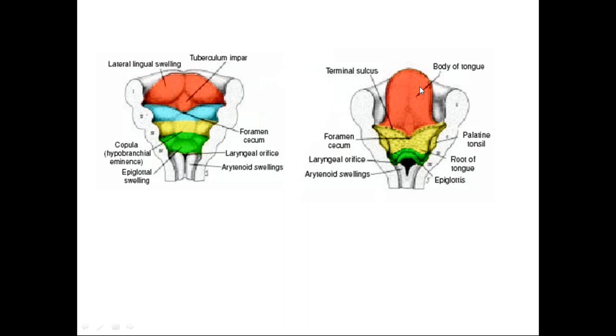So it has two swellings known as lingual swellings or lateral lingual swellings. Just behind, you have a single swelling, the tuberculum impar. Just behind the tuberculum impar, you have the hypobranchial eminence. The anterior part of the hypobranchial eminence is known as the copula, and the posterior part is unnamed, and this is the root of the tongue, attached part.